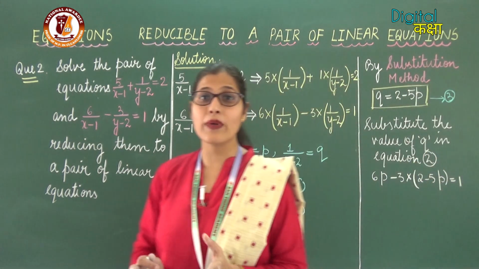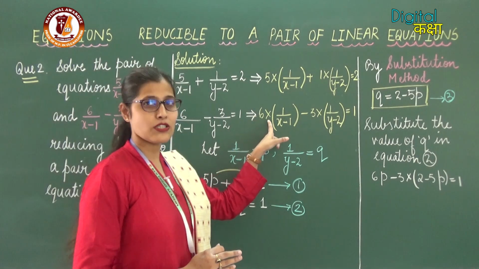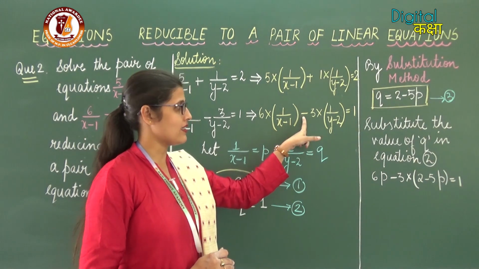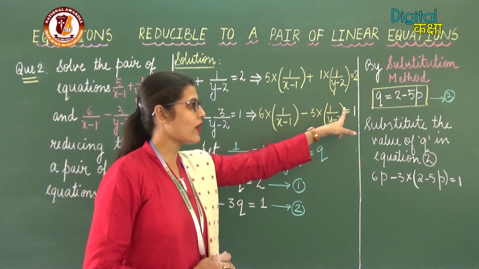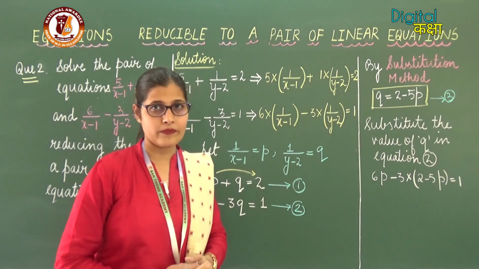Similarly, the second equation can be written as 6 into 1 upon x minus 1 minus 3 into 1 upon y minus 2 equals to 1.